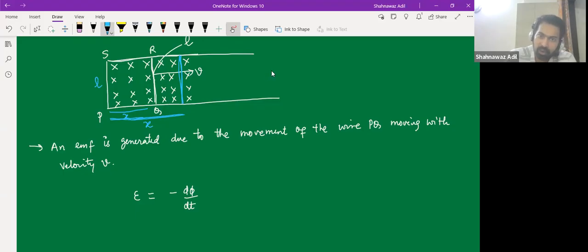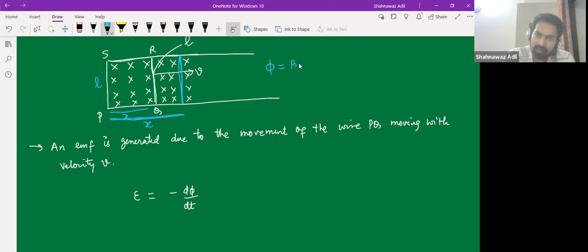So what is my flux? Flux is BA cos theta. PQRS is an area. So what is the direction of the area vector?